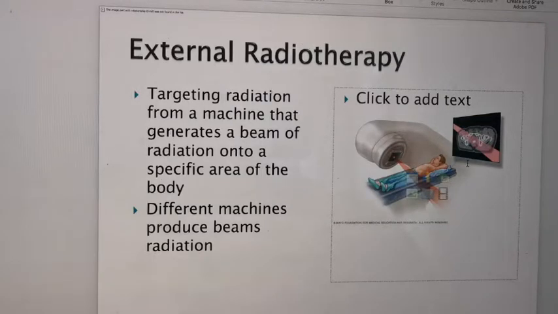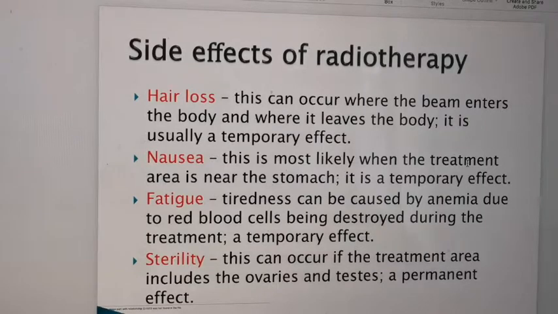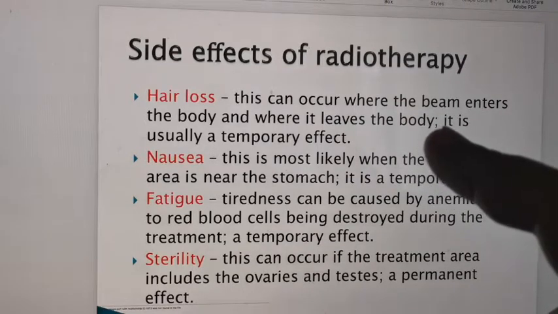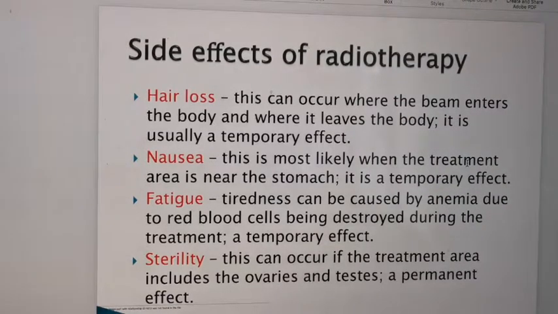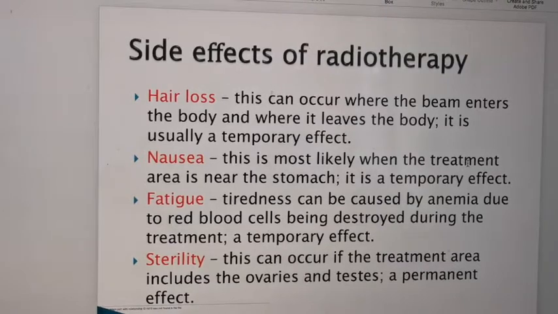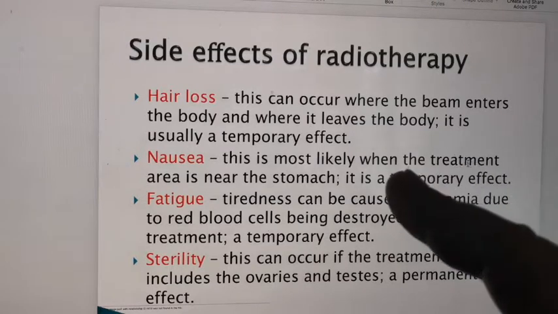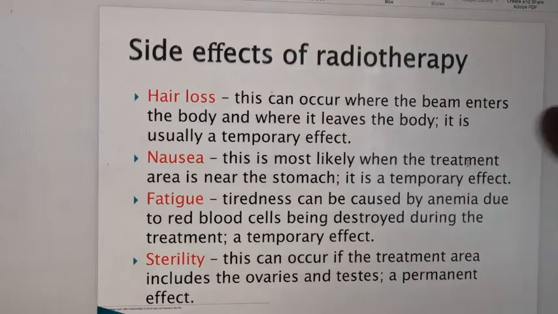And if we do that, there are obviously side effects. Okay, so hair loss. This can occur when the beam of ionizing radiation enters and leaves the body. If it also affects the cells of the scalp, then you get hair loss. Nausea. Nausea is, for example, when the radiotherapy is around the area of your abdomen.